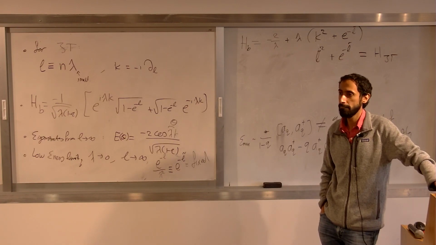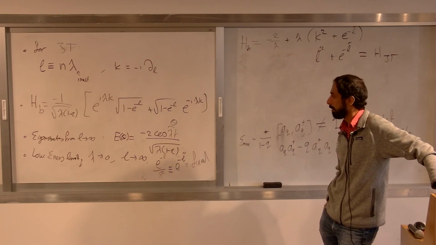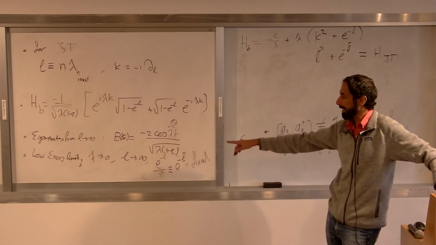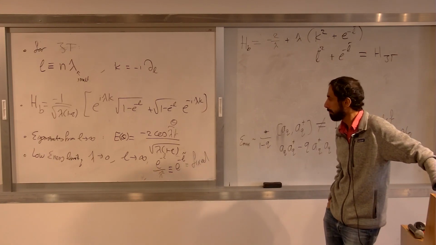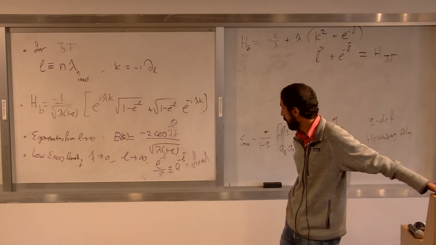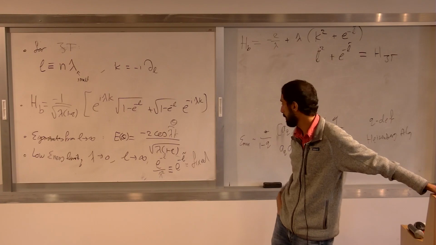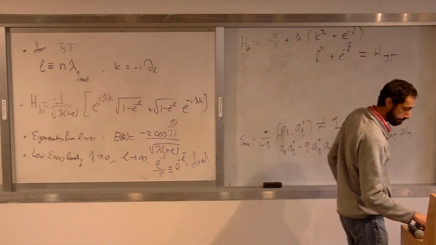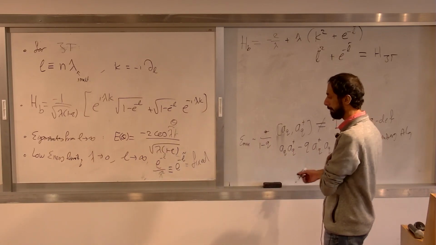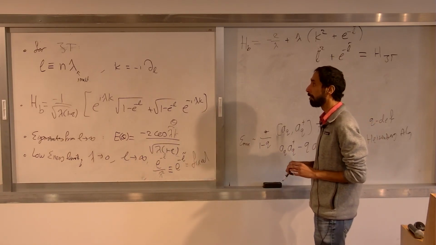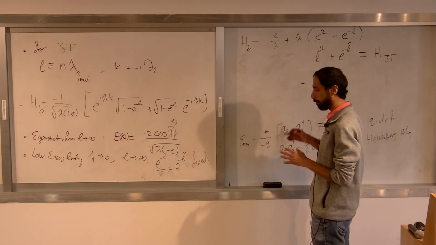L tilde is the normalized length. And L, that's like the bare length. So lambda also serves as a unit. I didn't talk about this before, but even in JT gravity, you subtract to normalize the length.